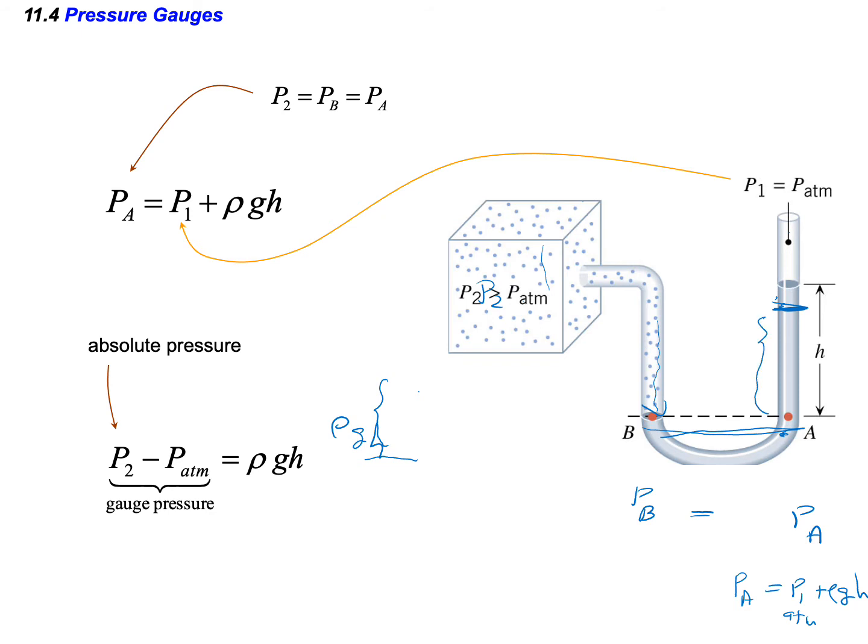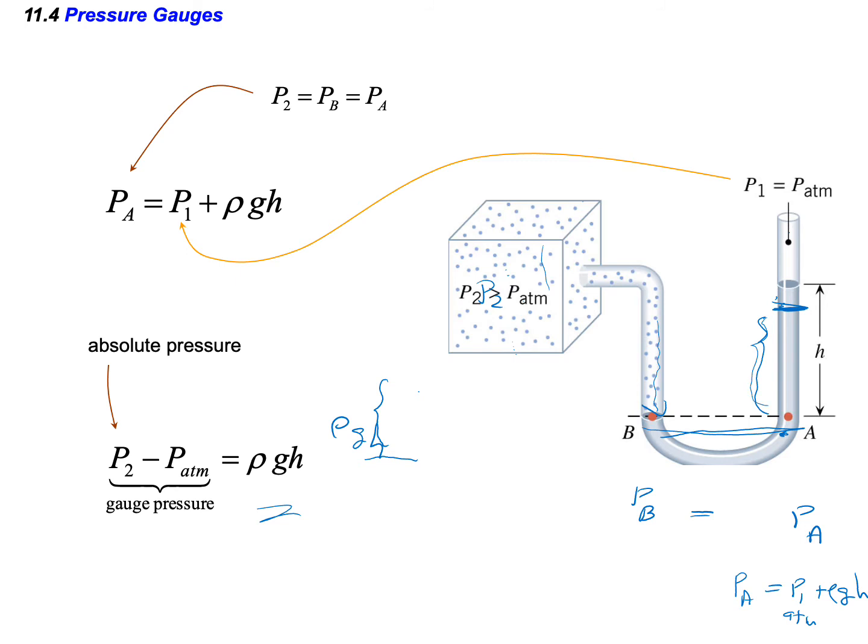So the pressure here, which is equal to pressure B, which is equal to the pressure inside the container. So the pressure difference, P2 minus P atmosphere, is rho GH. So the pressure here is the same as rho GH.